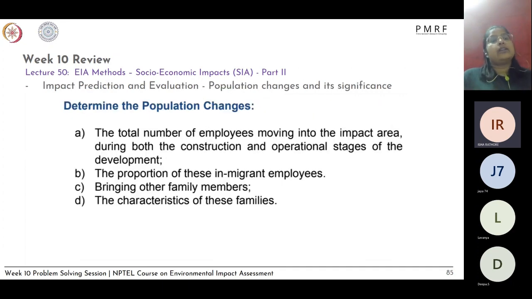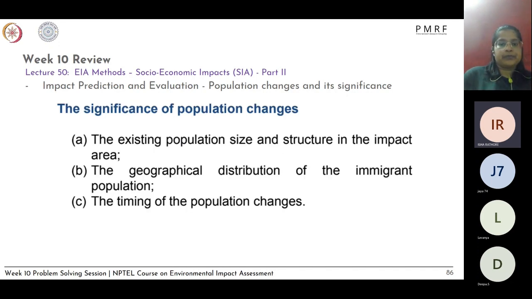And in the SIA, we also need to determine the population changes, which is the total number of employees moving into the impact area during both construction and operational stages of the development. How many of these employees are migrant populations, whether they are bringing their family members, what the characteristics of these families are, how it will affect the existing population which is already living in and around the project site, and their perceptions and feelings about the project as well.